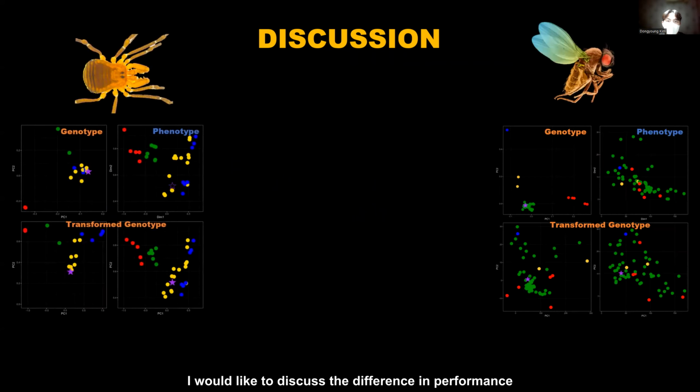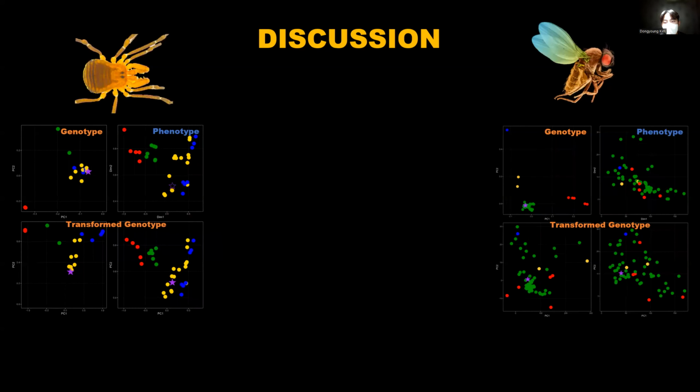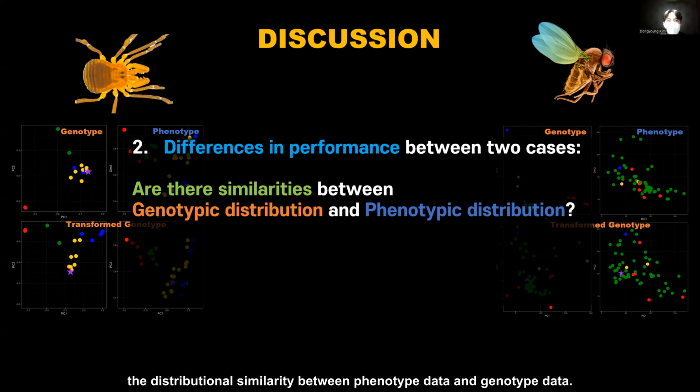Secondly, I would like to discuss the difference in performance between the Harvestman dataset and the Drosophila dataset. If you compare them, you can see that the Procrustes transformation was much better in the Harvestman data. I think a decisive factor that leads to the different performance between the two datasets is the distributional similarity between phenotype data and genotype data.